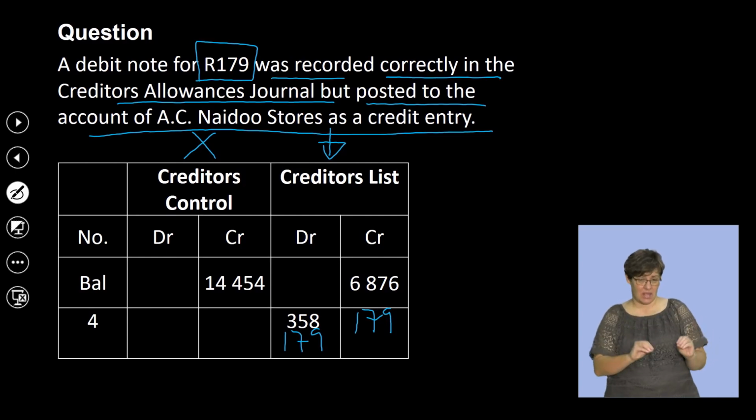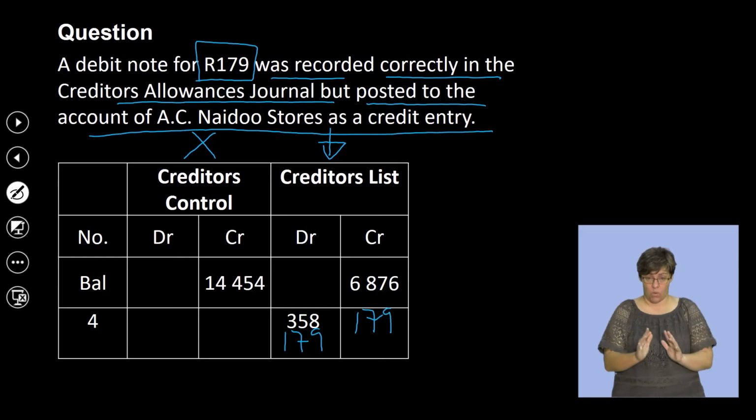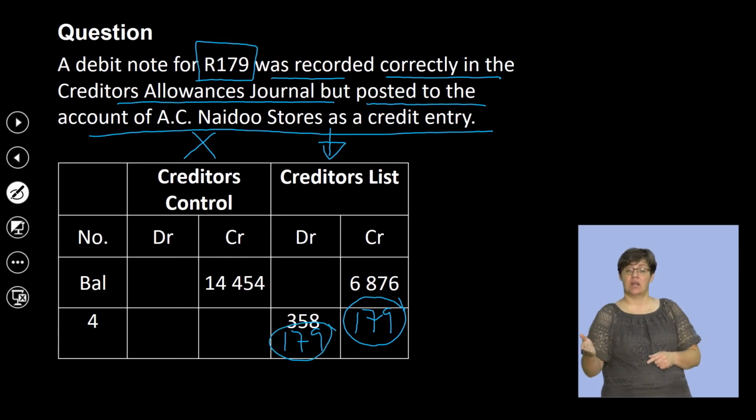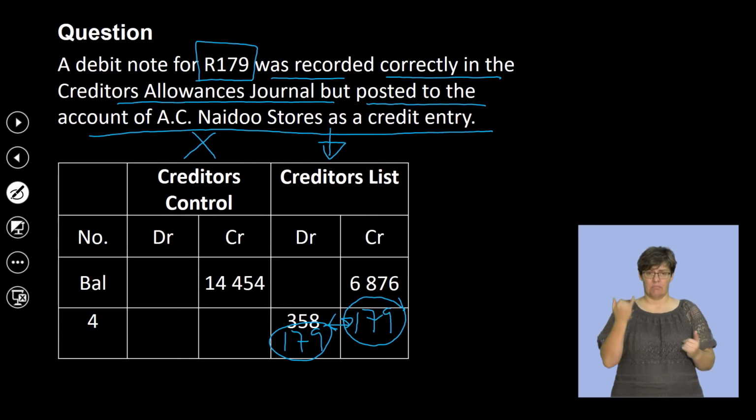The correct entry is, in order to fix it up, you have to double it on the correct side. So, initial entry was 179 on the credit side. If you only put 179 on the debit side, can you see you're merely cancelling out your original mistake and you're not showing the actual return of the goods.